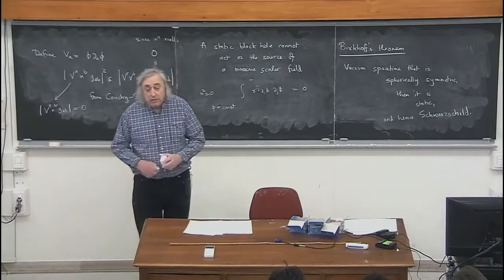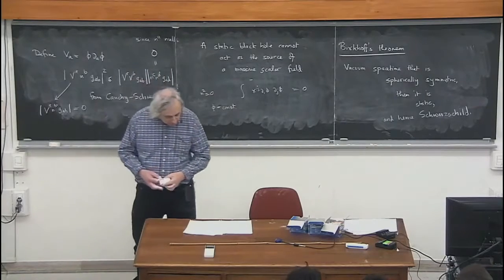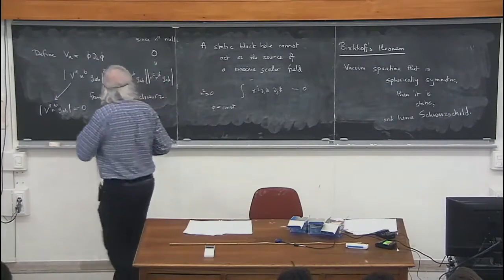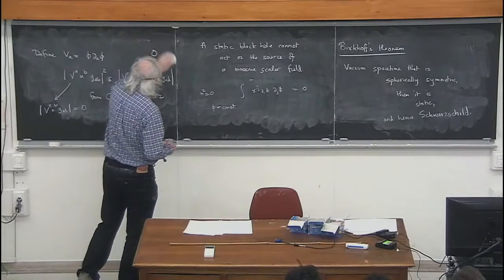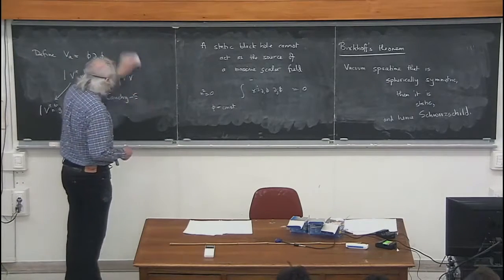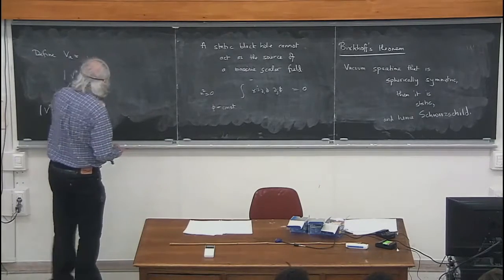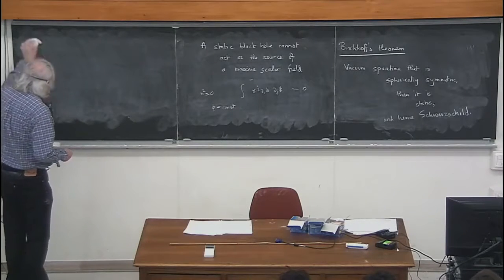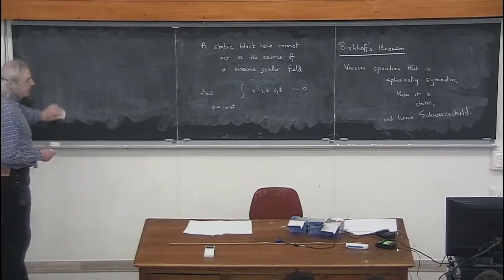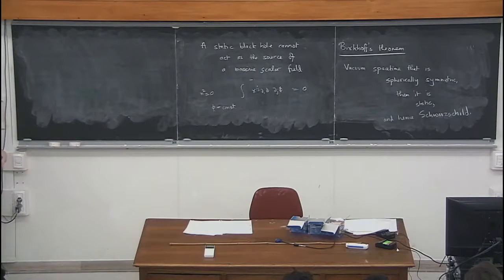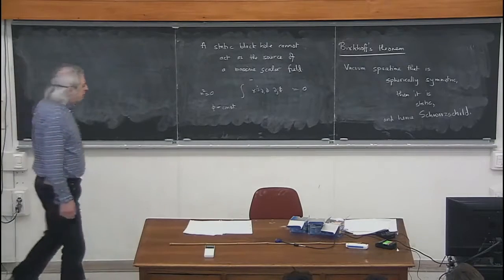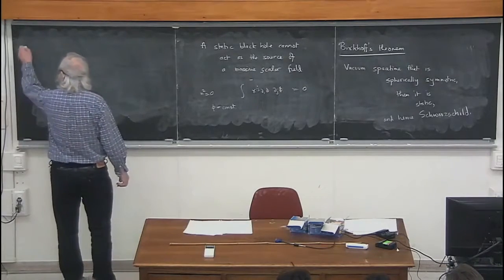How do you prove that? Well, this is quite simple. I'm not going to go through the details of it, but let me just quickly sketch how you actually do this, simply because the method is really quite simple. So let's just write down what you'd expect from a spherically symmetric space-time that is not static.